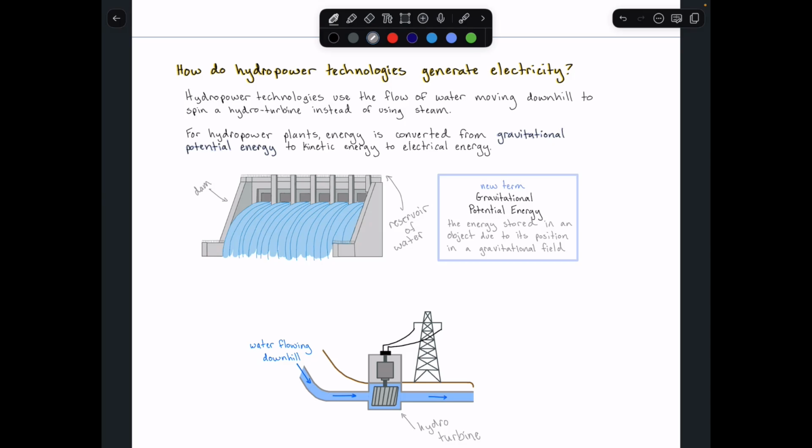And when the water flows, it spins the turbine. So the kinetic energy of the water is turned into rotational kinetic energy. So just the movement of rotating in circles.